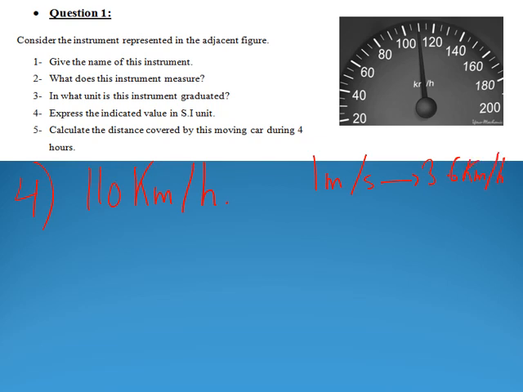If you want to say 110 kilometer per hour represents how much in meter per second? So this will be 110 divided by 3.6. So this will be 30.55556. Take 3 digits only. So 30.556 meter per second.